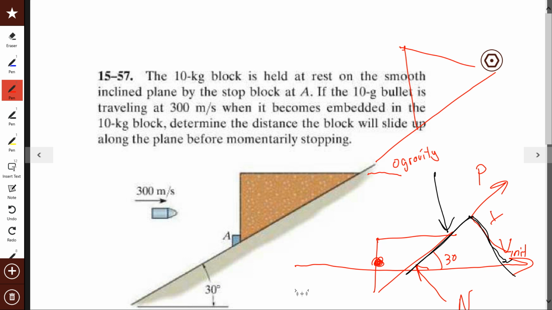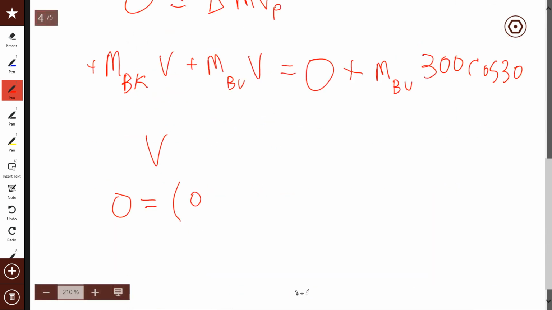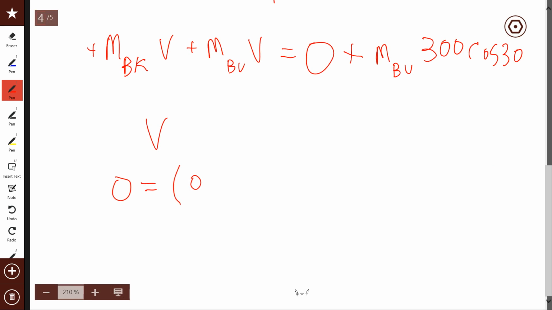So what I'm looking for is the vertical height right there. MGH, vertical height. Okay? What do you want to call this distance from this corner to this corner? D? We call that D. That's the distance up the incline. Is that good? All right. What's the final gravity energy? mg.